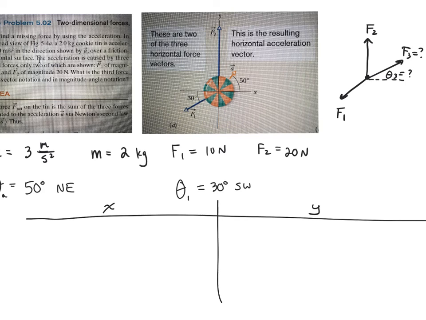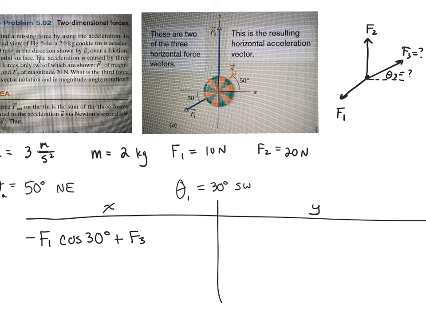Force 1 is acting with a force of 10 newtons, 30 degrees southwest. And that's negative? I know it rang, guys. Give me one more second. Then to this, we're going to add on F3. Now, we don't know the angle theta yet. We can put cosine theta here, but we don't know it.